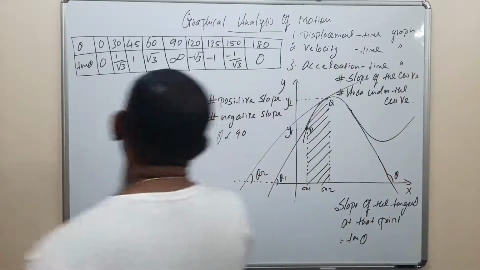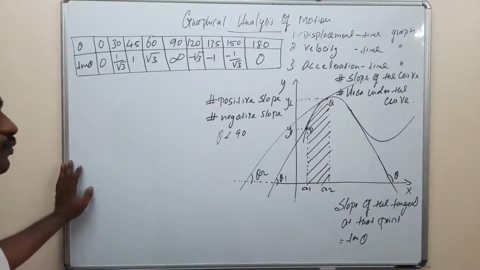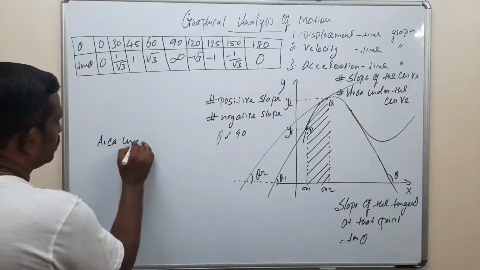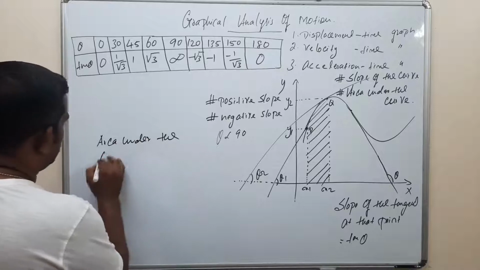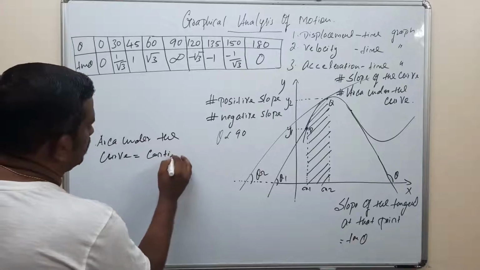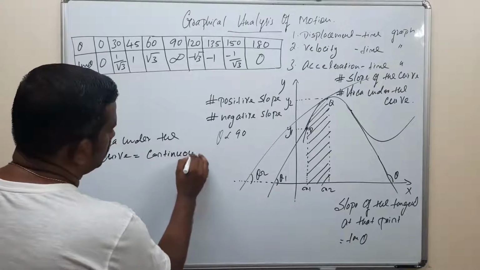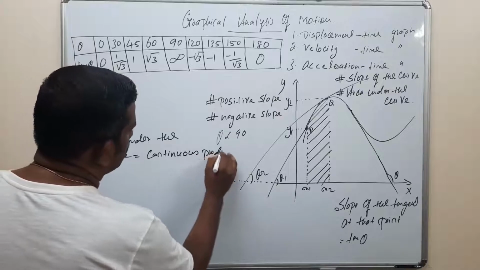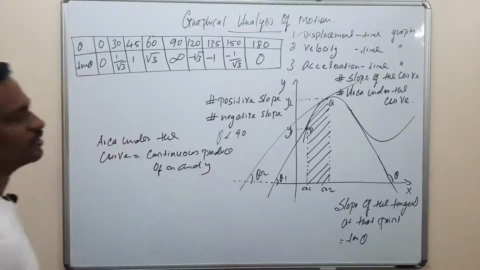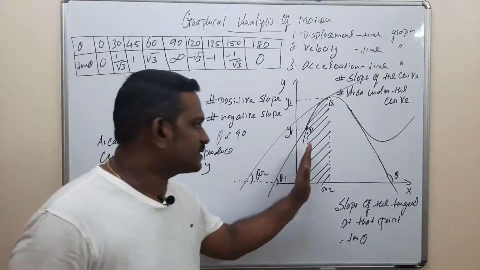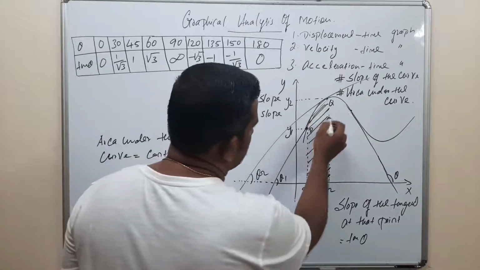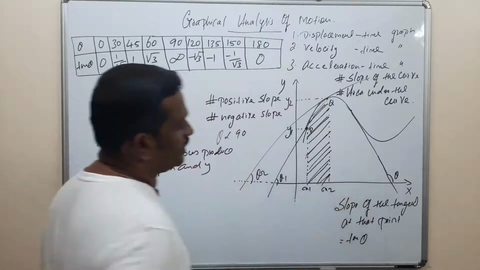The area under the curve is the continuous product of x and y. Suppose this area consists of n number of strips.